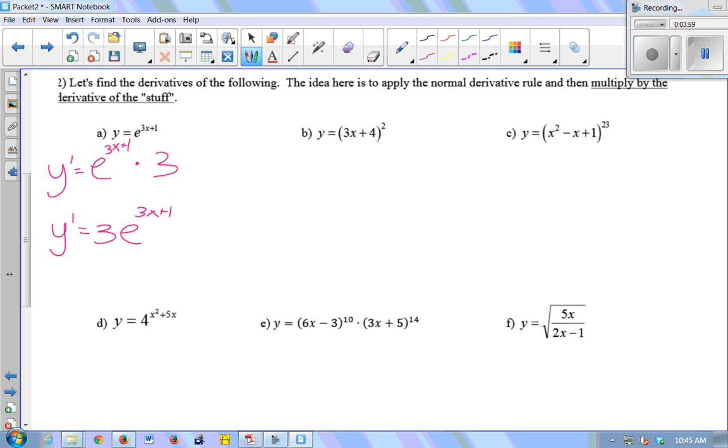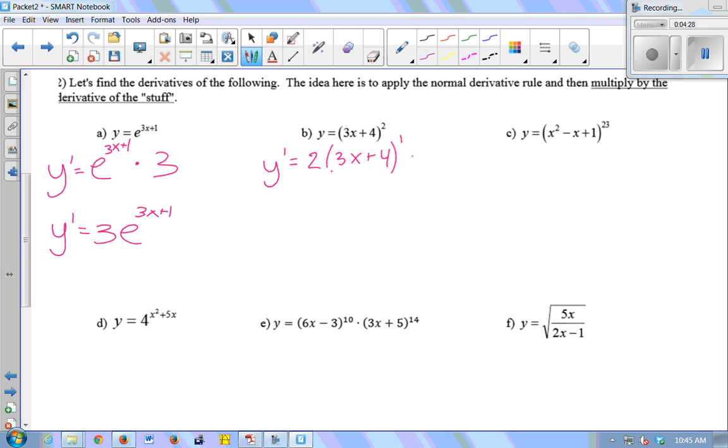For b, I have some stuff squared. How do you take the derivative of, say, x squared? 2x, right? You use the power rule. I'm going to use the power rule on this. Bring the 2 down: 2 times 3x plus 4 to the first. So I just applied the power rule to the stuff. But then you also have to multiply by the derivative of the stuff.